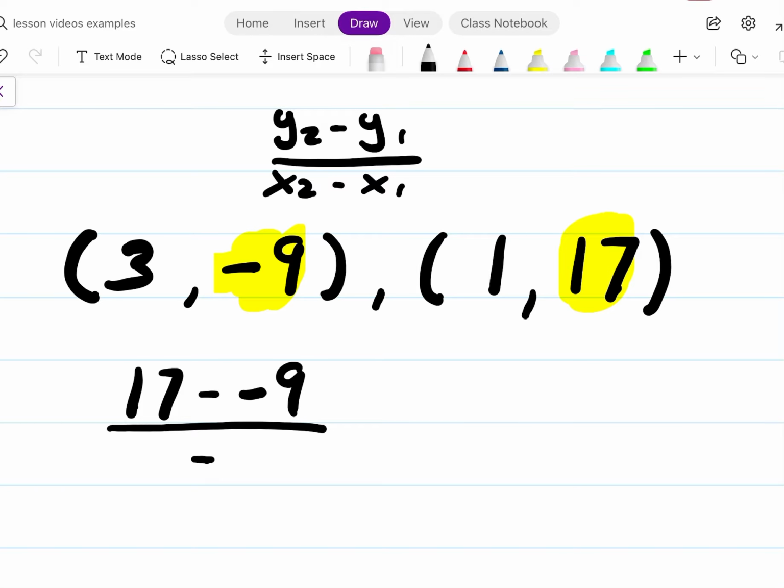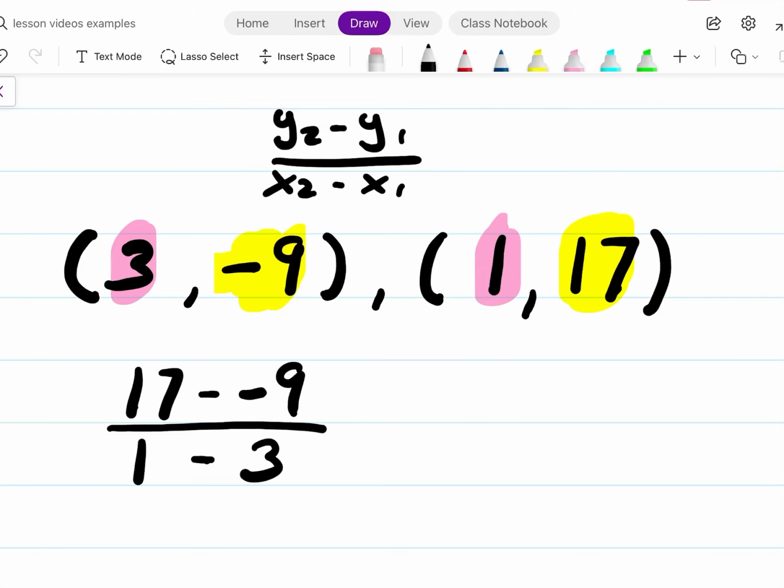I usually write this with my class, so if you write it this way, I'll show you how you can correct that in a second. But let's go ahead and fill out the rest of the formula. The top would be 17 minus -9. The bottom, again, we need our x2, which is the number 1, minus x1, which is positive 3. So that would be 1 take away 3.